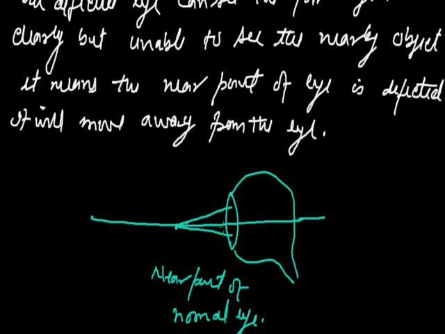This eye is unable to see the object. The image will form after the retina. Here will be the image, a blurred image.